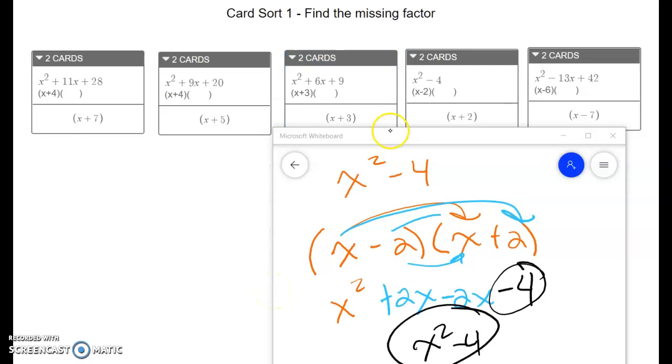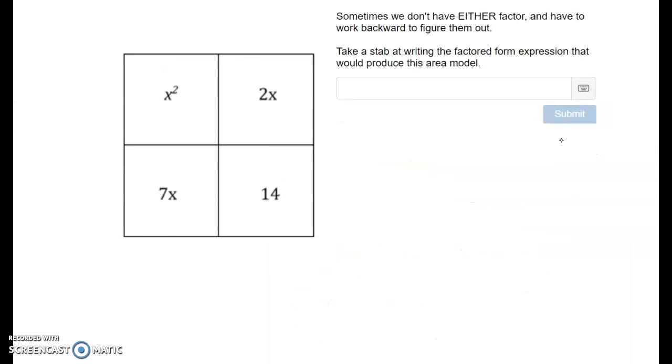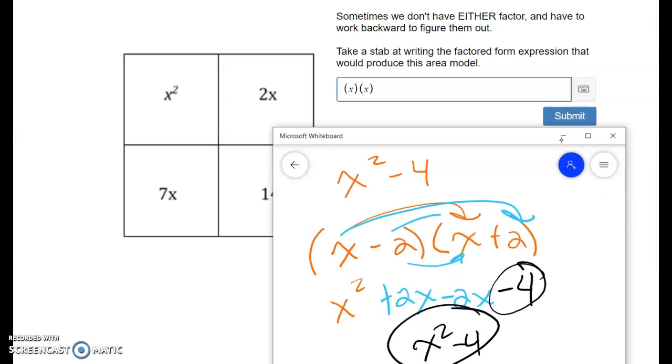How cool is that? So let's get a little bit more practice here. Sometimes we don't have either factor, so we'd have to work backwards to figure it out. This x squared, well, I know for a darn fact every time it's going to be x in front. Here, let me draw it out for you.